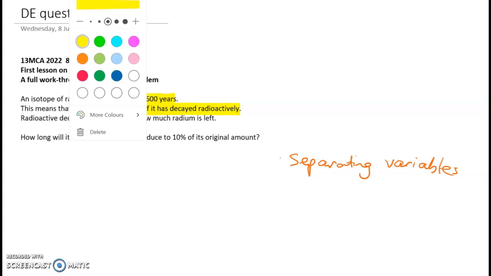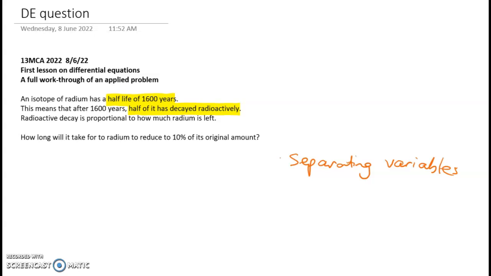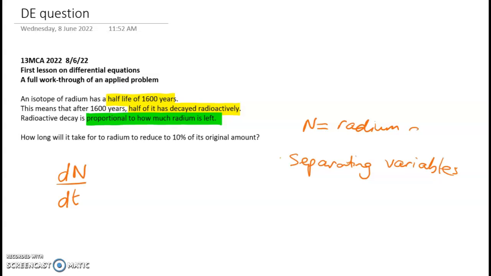And this is the important bit for solving the problem: we're told that the decay is proportional to how much radium is left. So we're going to write that as a rate of change. The rate of change of radium with respect to time, where N is the amount of radium and t is time in years.